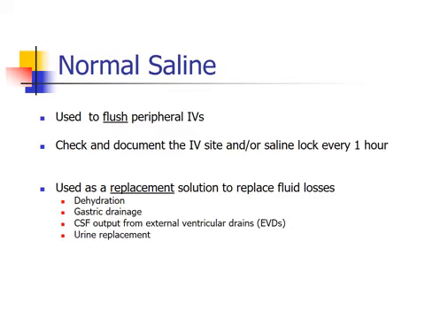Also, if the patient comes in with dehydration and they're going to replace the amount of fluid that's lost, they will run a normal saline fluid. So that's where you'll see normal saline as a replacement fluid, not as a maintenance fluid, if that helps.